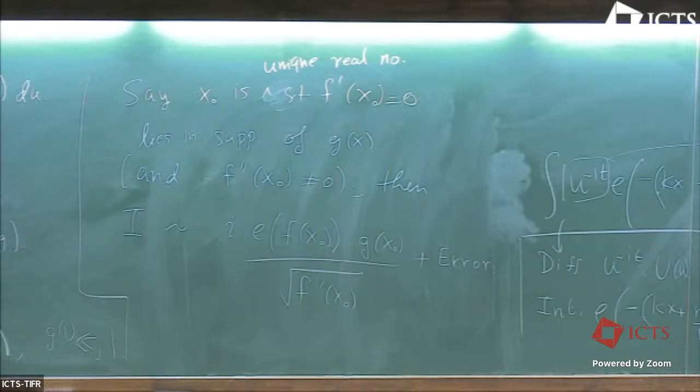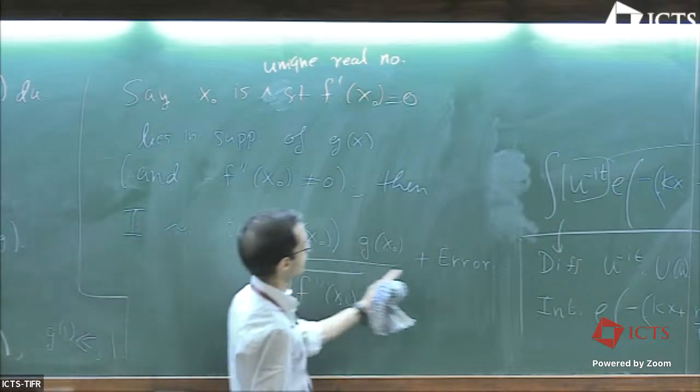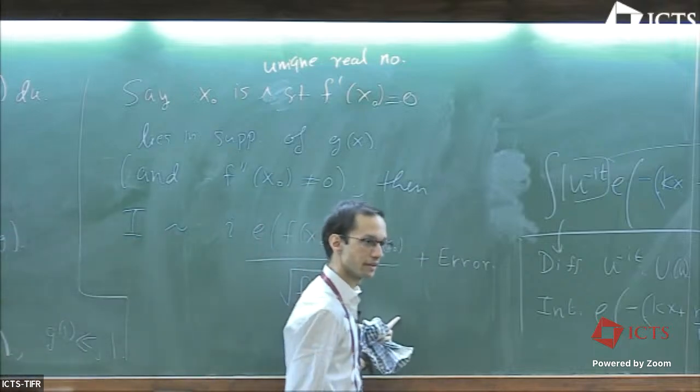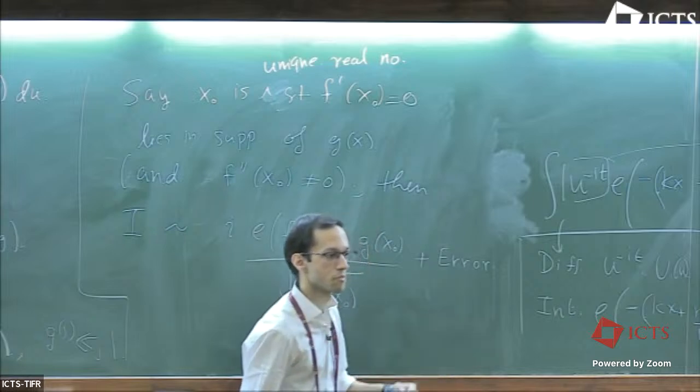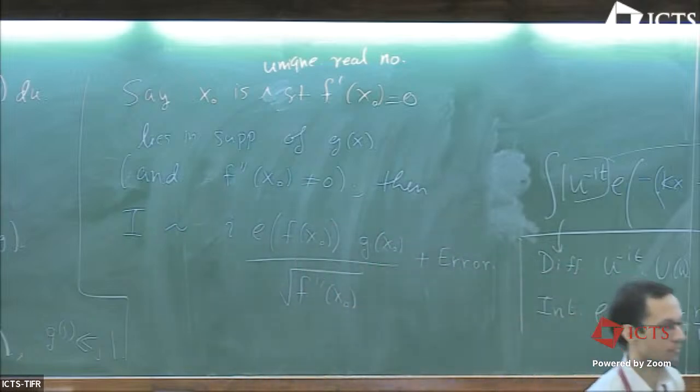You can basically get a very good error if you make sure that this f is even more differentiable and g is anyway Schwartz. So you can actually get arbitrarily small error. You can write more terms in this main term, and you can make sure that the error is as small as you want.